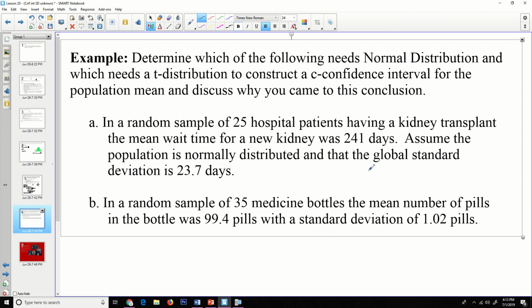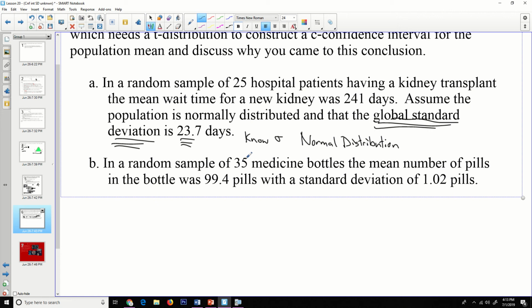Because they say that the global standard deviation is given right here, we know what lowercase sigma is. So this one we would use a normal distribution for the c confidence level.